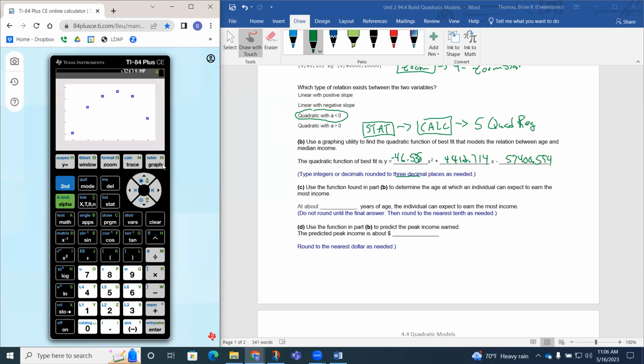So if I graph that, where's my graph? It should be there. Y equals plot 1.